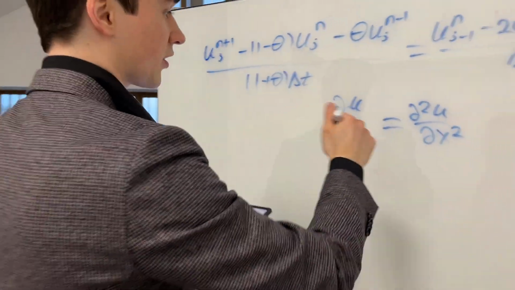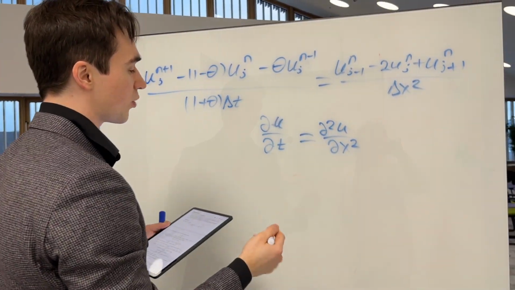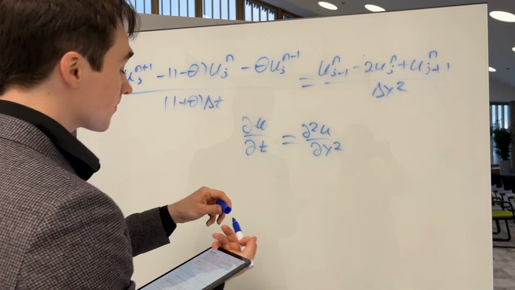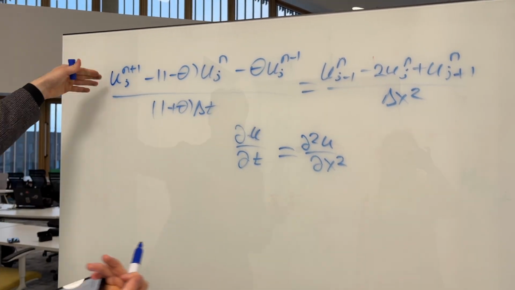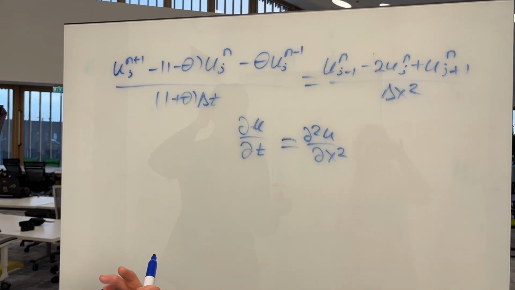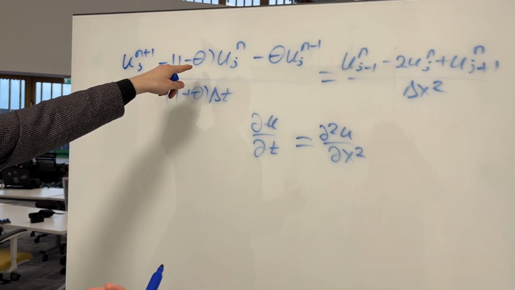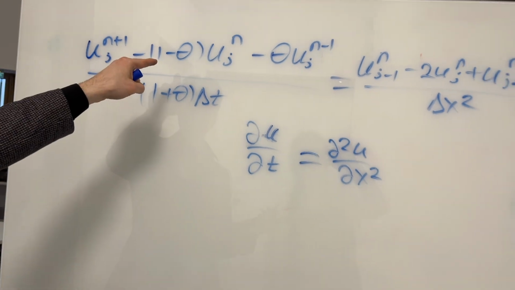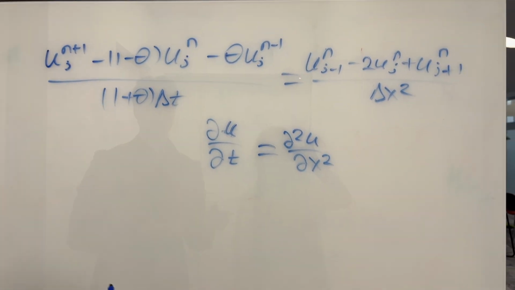Yes, we have the diffusion equation with coefficient 1, or the speed 1, and we want to use the following scheme for this equation.